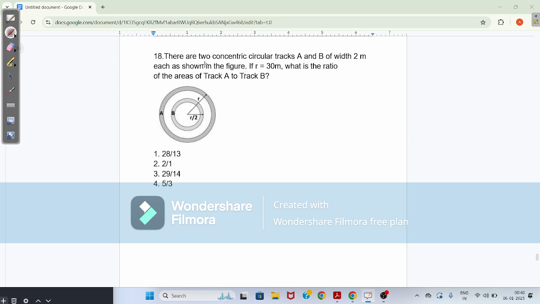Now there are two concentric circles, A and B, with a track of width 2 meters. So the width is 2 meters here. We have to find the area of track A and track B. The radius given here is 30 meters.